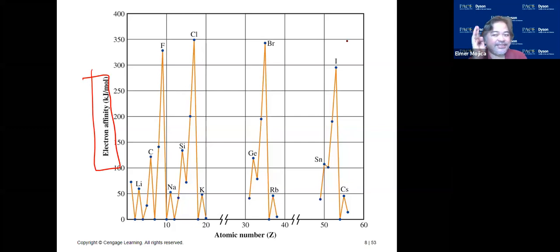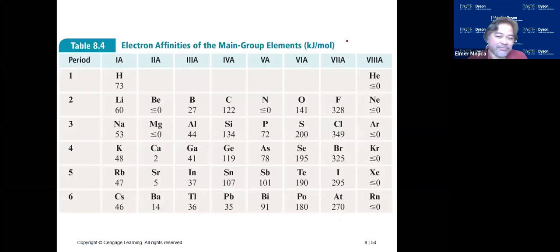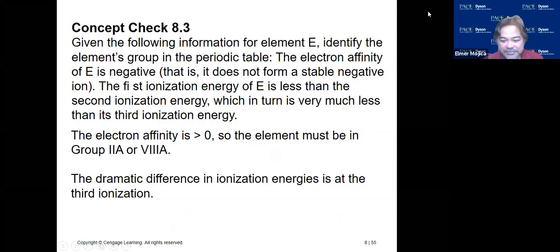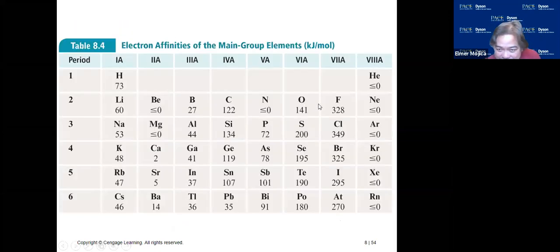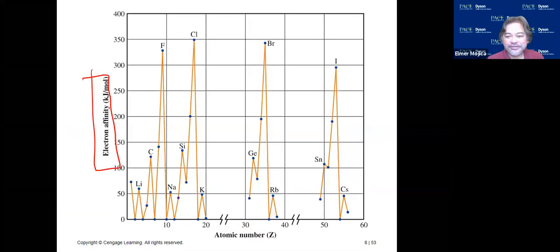Group 8A will not accept any electrons because they are already very stable. If you look at the values that you have here, it's just messed up, so I would rather look at the trend compared to those numbers.